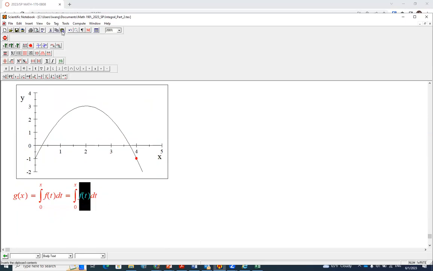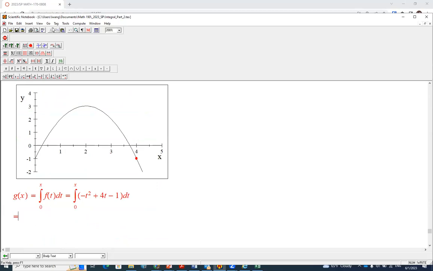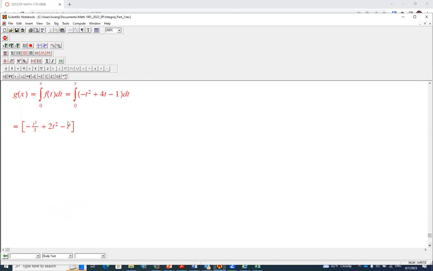We already found it once, and according to fundamental theorem of calculus part 2, we can evaluate.